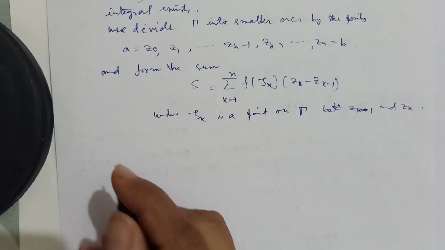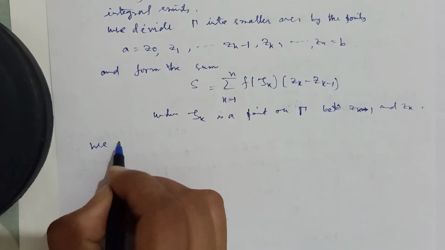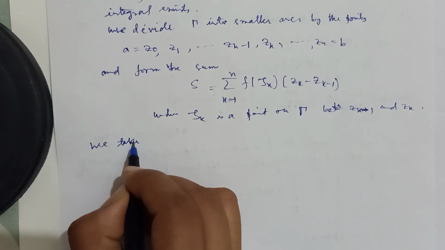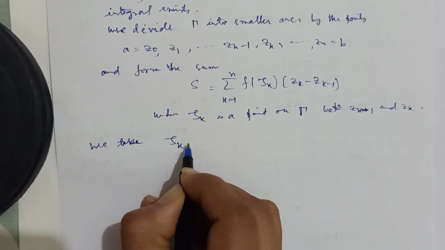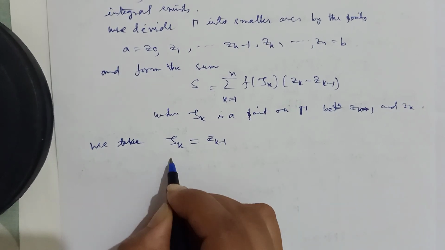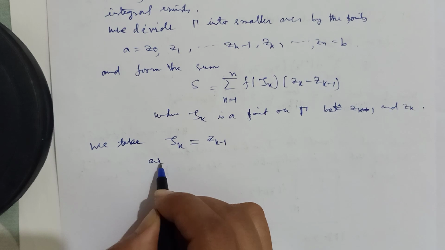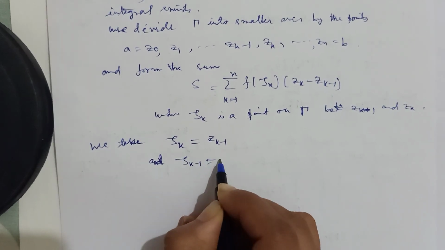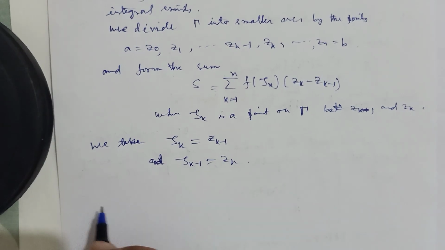So here we take zeta k equals to zk minus 1 and zeta k equals to zk.